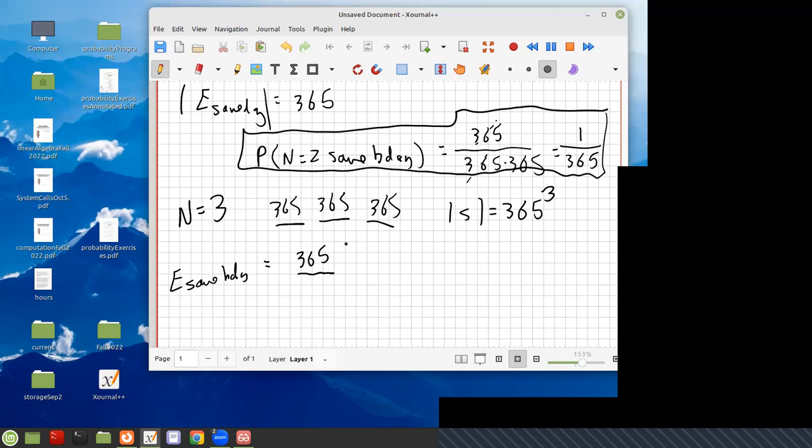So there are many different cases you'd have to select out. You'd have first, second, third. The first and second could have the same, the first and third could have the same, the second and third could have the same, or they could all three have the same birthday. So there are lots of different possibilities.